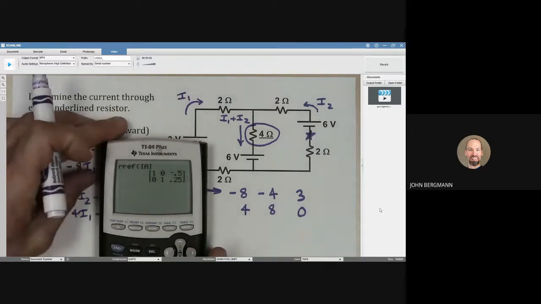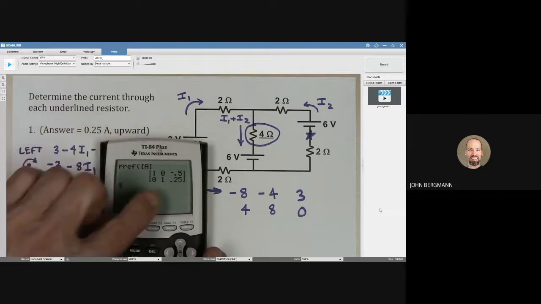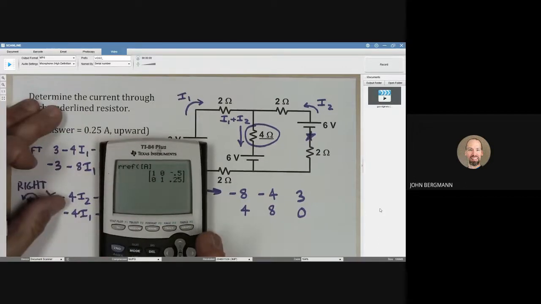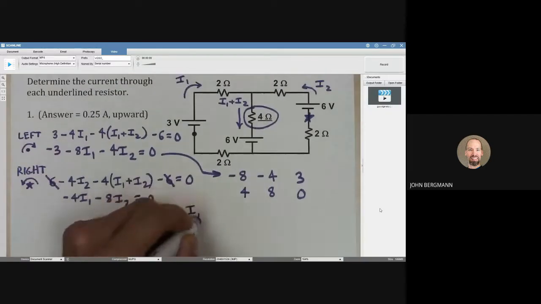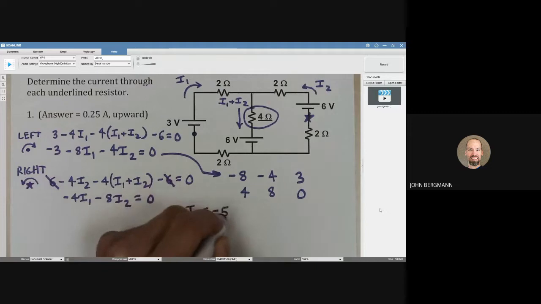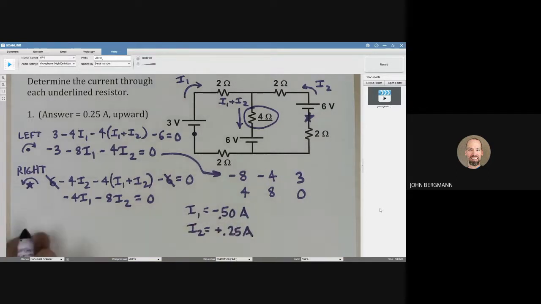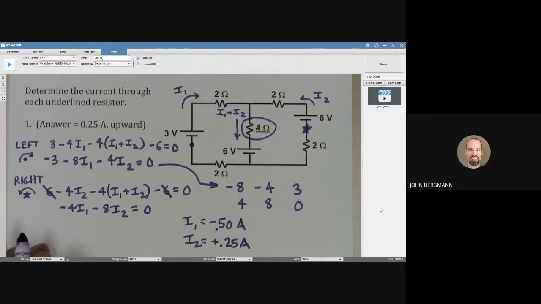Now what does that tell us? We got I1 is negative half of an amp, and I2 is a quarter of an amp. So let me write those in there. I1 came out to be negative 1/2 of an amp, and I2 came out to be positive a quarter of an amp, which means what?